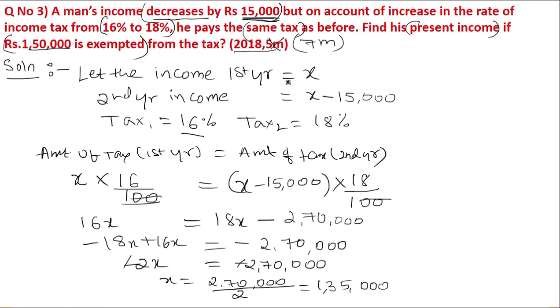The first year is X. What they have asked is the present income, which is the second year income, X minus 15,000.